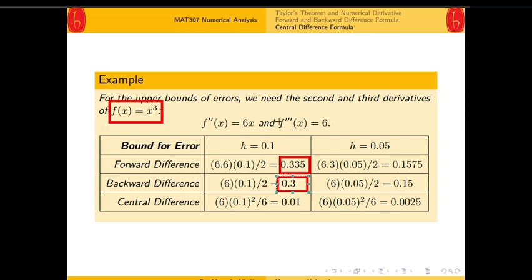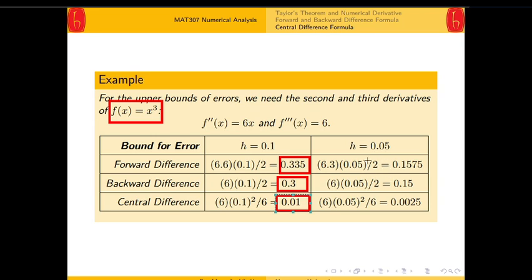The maximum value of the third derivative in the interval 0.9 to 1.1 times h squared divided by 6 will give us an upper bound for the error. The third derivative is constant, 6 everywhere, so the maximum value will be 6. 6 times h squared divided by 6 will give us 0.01 for the upper bound of the error.